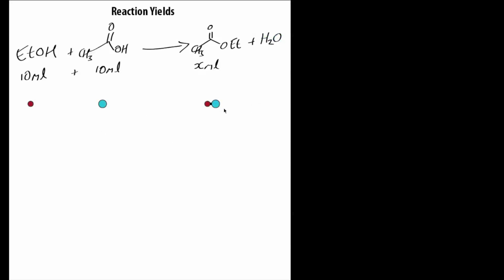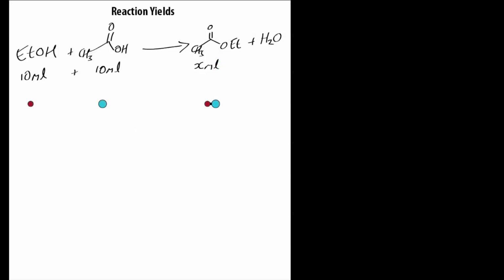The overall mass of ethyl acetate, as this is called, is slightly bigger than acetic acid or ethanol, but it's not as big as them both together because we lose water as well, so we lose part of them when we form this.